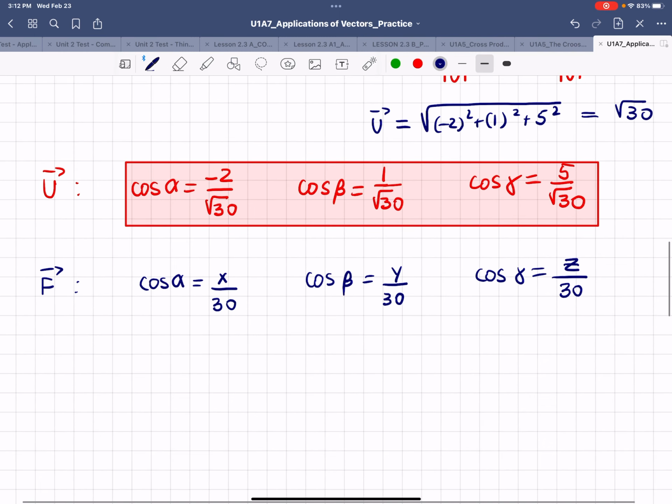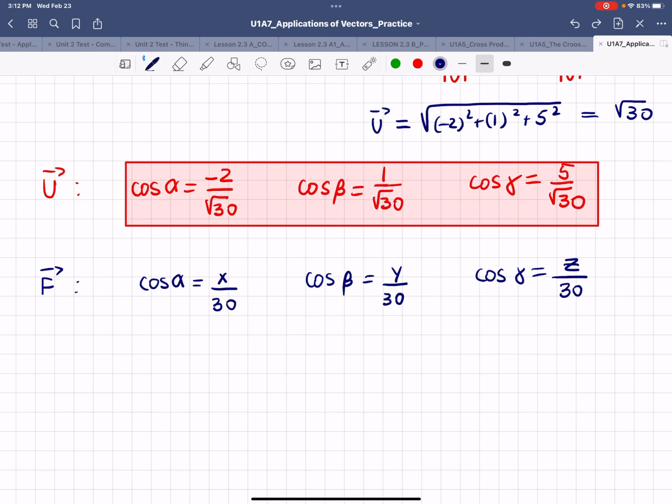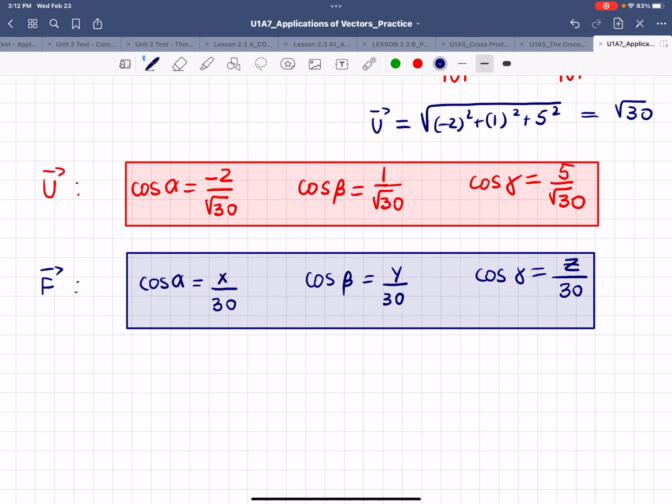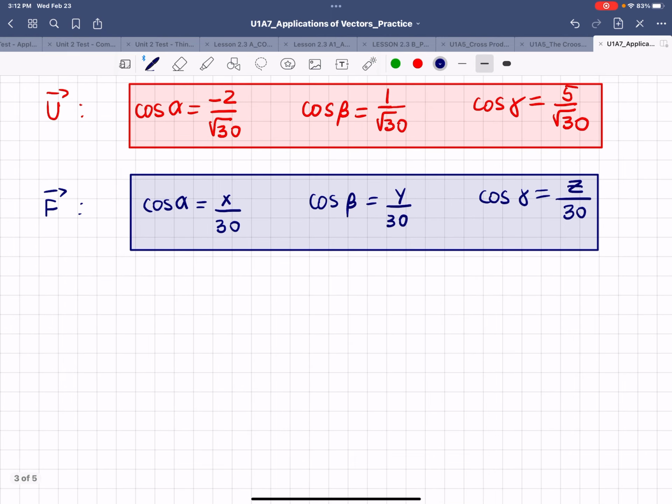Now, when we look at the direction cosines for vectors u and f, remember that they go in the same direction, right? Then the respective direction cosines must be equal. We're talking about the same angle alpha made with the x-axis. So this allows us to state that -2 over root 30 equals x over 30.